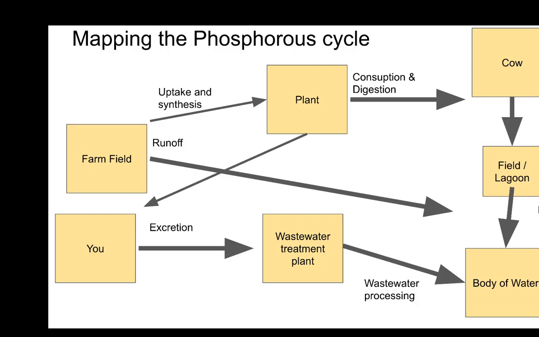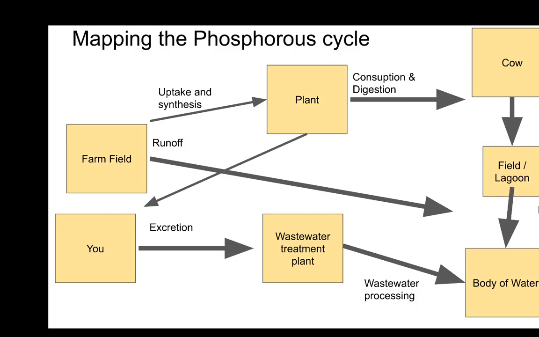And so agriculture is a huge source and sink of phosphorus, where the farms fertilize with the phosphorus, plants take it up and synthesize it into molecules and cells, and then the cows, if we're talking about a dairy farm, eat the plant, so they consume and digest the plant, and they're able to incorporate phosphorus into their cells.